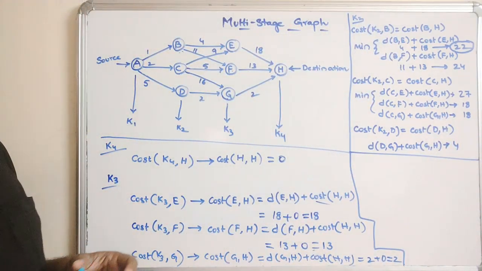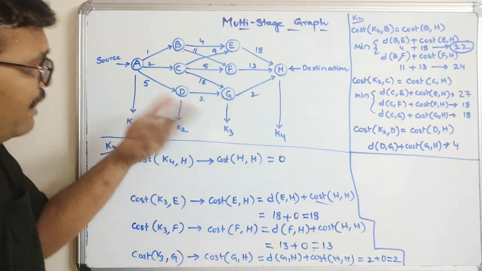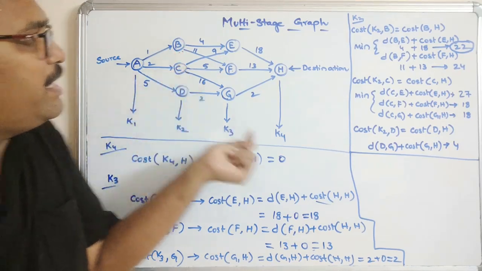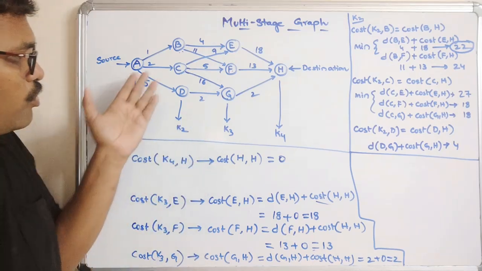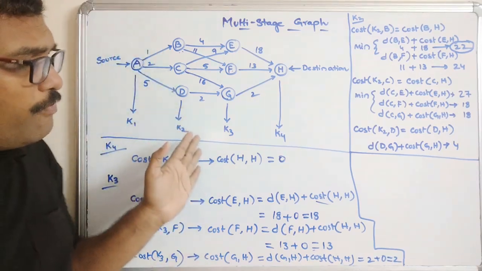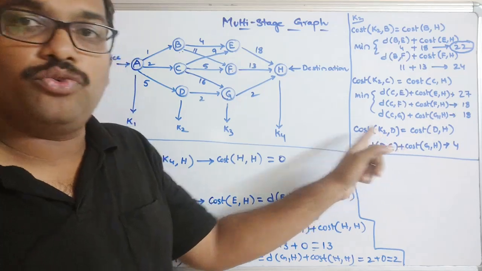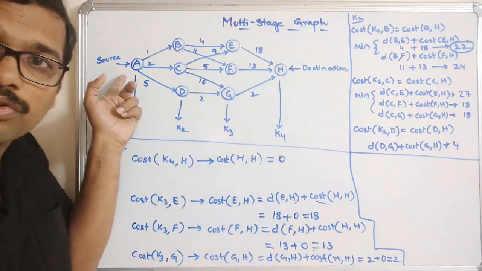Right? So is there any vertex in stage 2? B, C, D. We have calculated B, C, D, all possibilities. So there is no vertex in stage 2. Now go with the stage 1, which is a source.